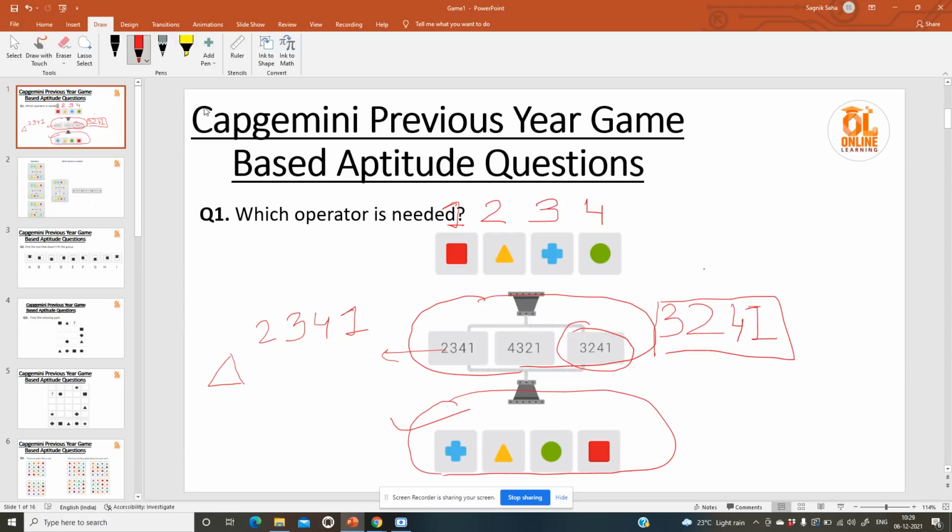Then the number is 3, so which shape has the number 3? The plus sign has the number 3, so we will be having plus. Then which shape has the number 4? The circle has the number 4, so that will be there. Then finally 1, the square is 1, so this will be your answer. So hope you have understood. Now when you correctly solve this type of question, which is level 1, you will be promoted to level 2. Let's see.